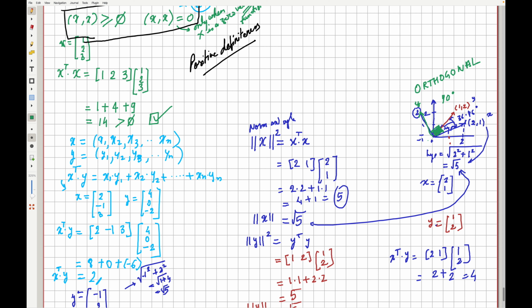And as you remember, when we looked at decision boundaries, we would have this vector w, which would always be orthogonal to our decision boundary, which we see here.